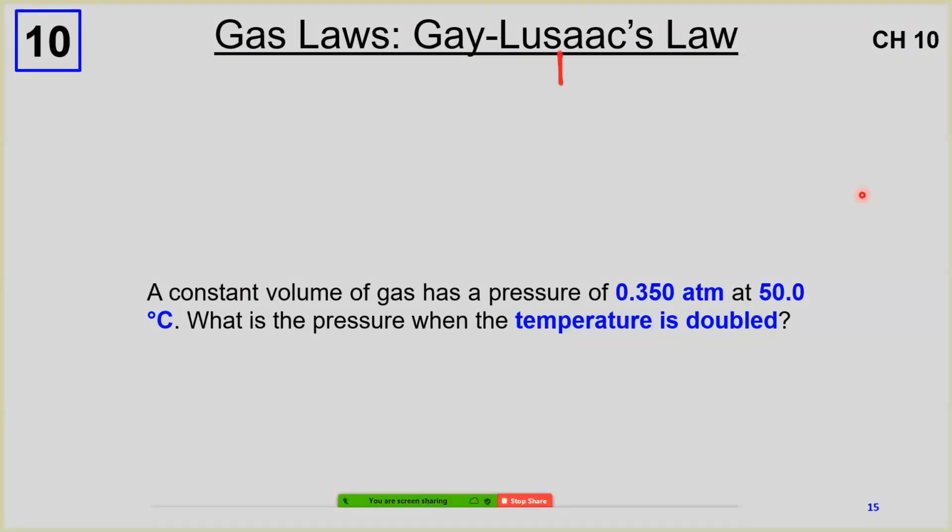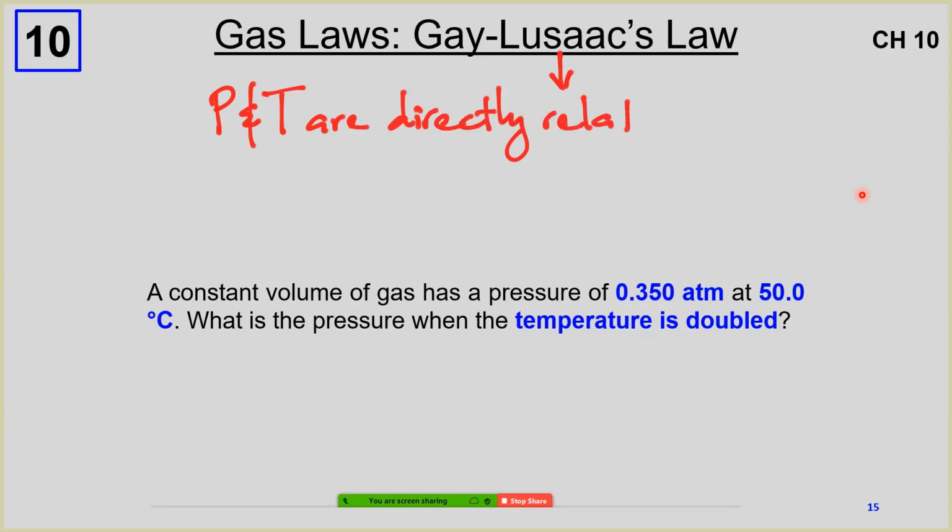Gay-Lussac's law states that pressure and temperature are directly related. And they are directly related when N and V, number of moles and volume, are held constant. They're not changing.